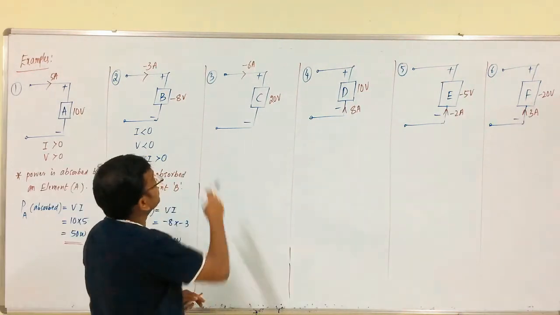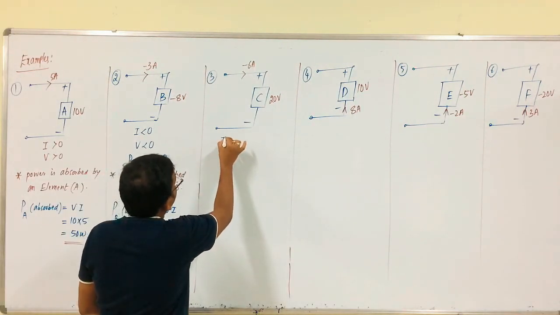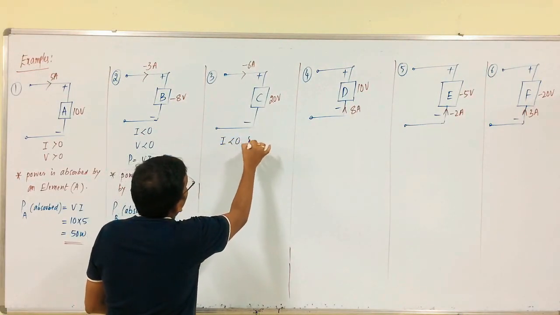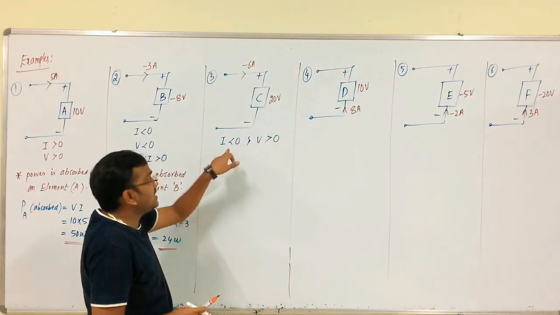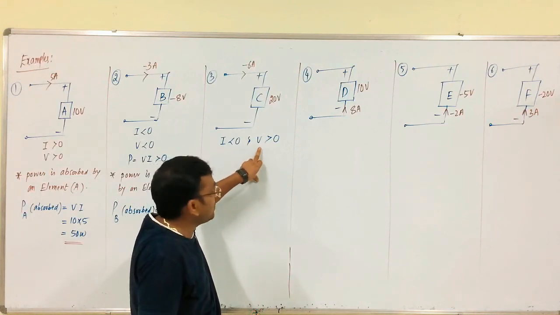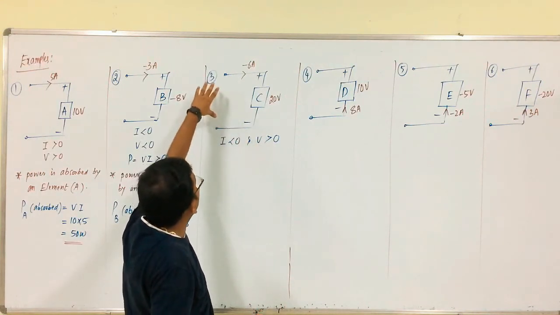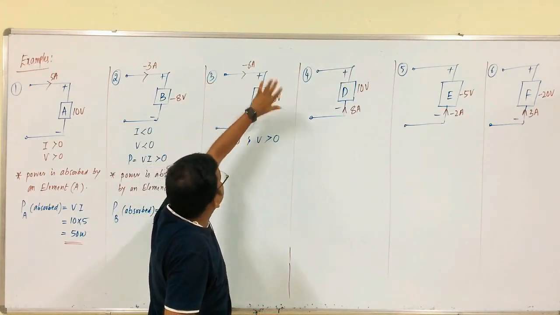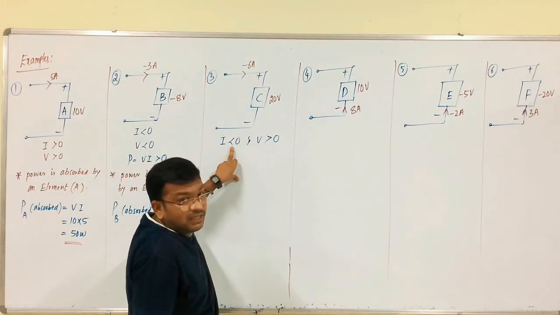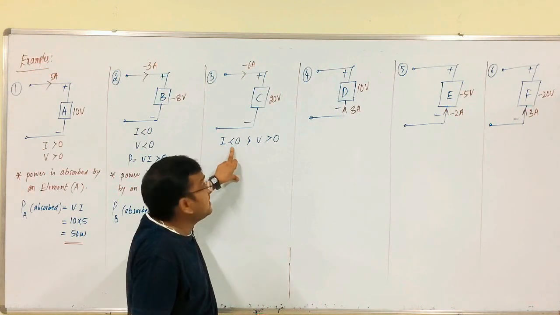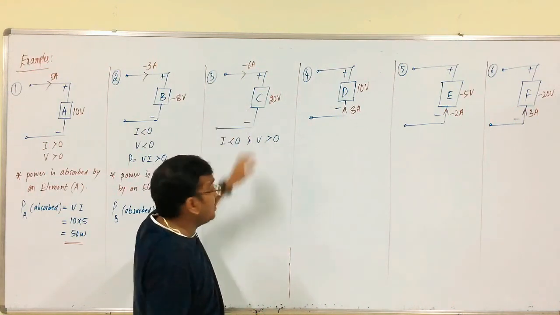That is it. Coming to this problem, here the current is less than 0 and voltage is more than 0. So, the voltage polarity is positive. Whatever the voltage may be, that appears across this, that is 20 volts. But the current is less than 0, meaning the actual current direction is what?